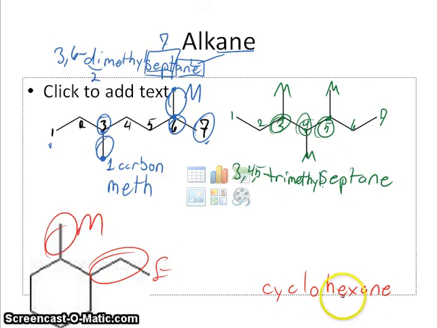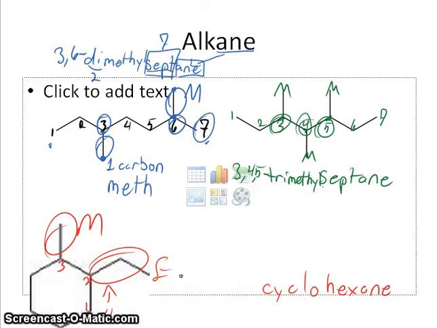As for numbering, I told you let's start over here at 1, and we're going to go clockwise or counterclockwise. We're going to prefer to do it in a way that gives the ethyl and methyl groups the lowest possible numbers. So clearly we're going to go counterclockwise, giving this 2 here, 3, and so on. Now we know where the ethyl and methyl groups are.